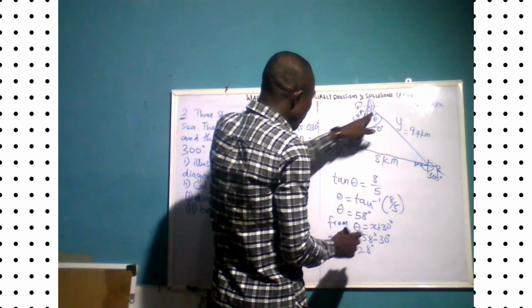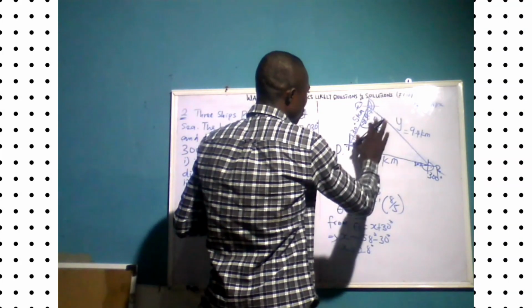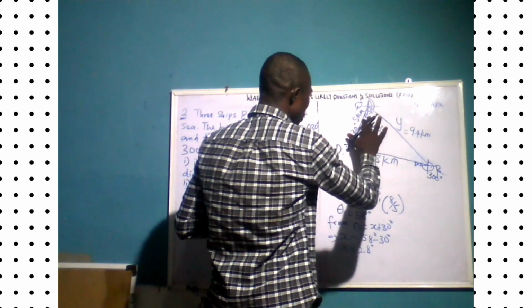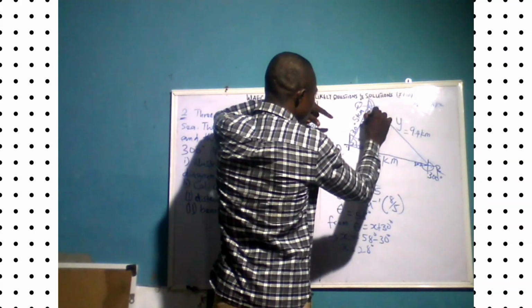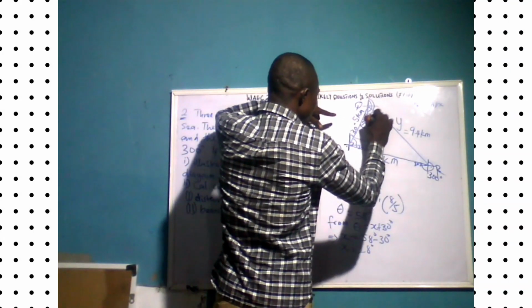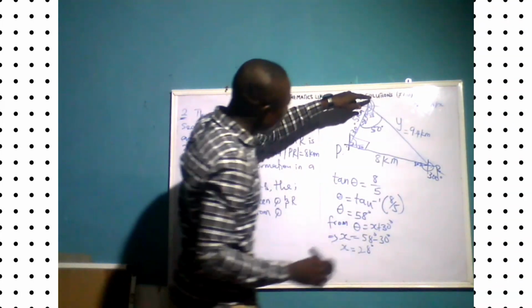Let me cancel this illustration so that it will be clear. From this to this is 28 degrees, so we take 28 away from 180.